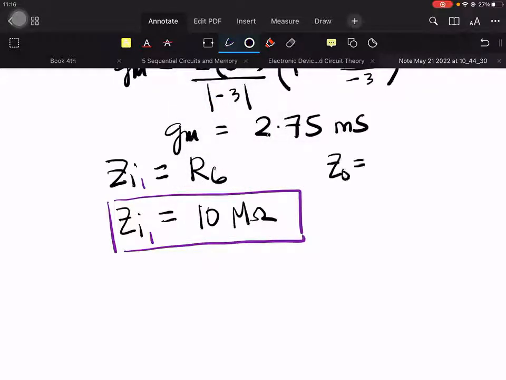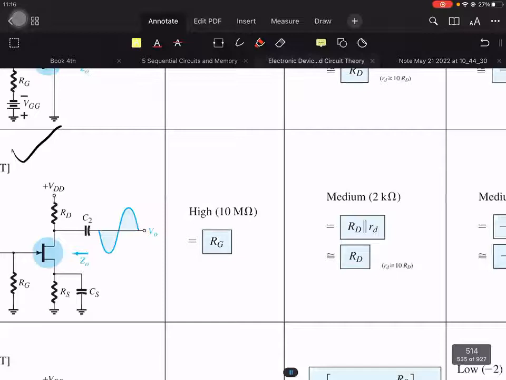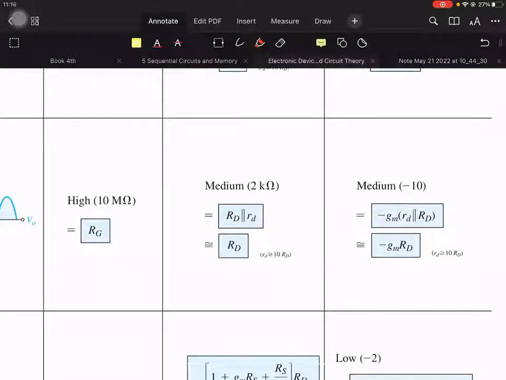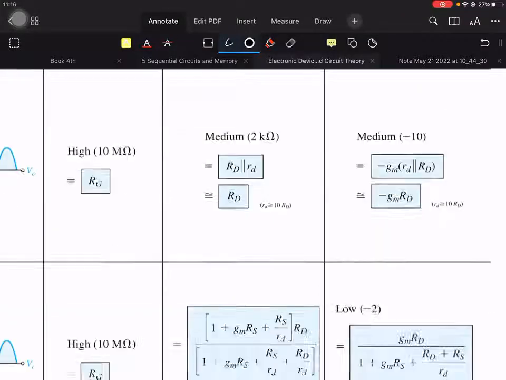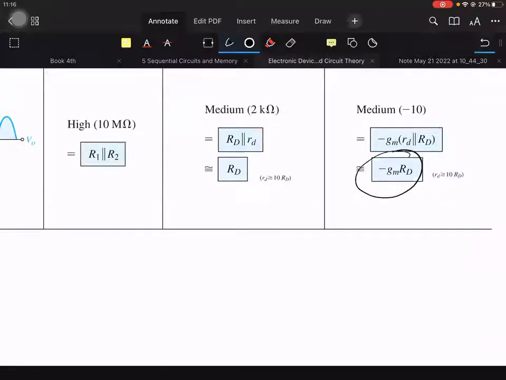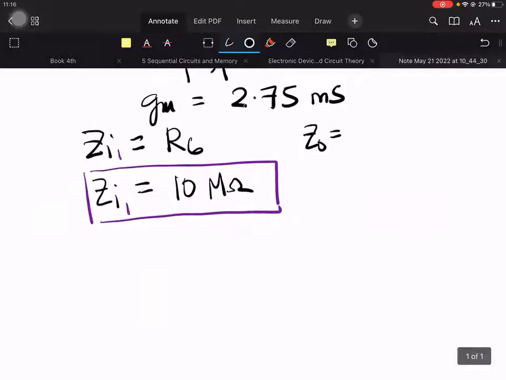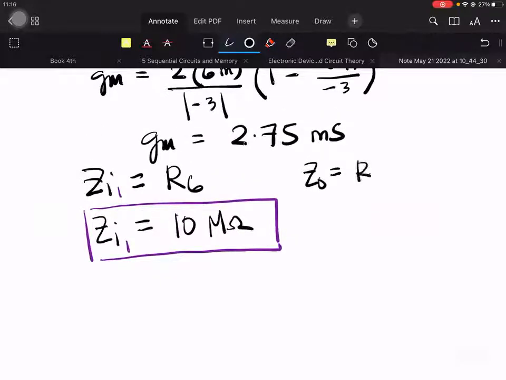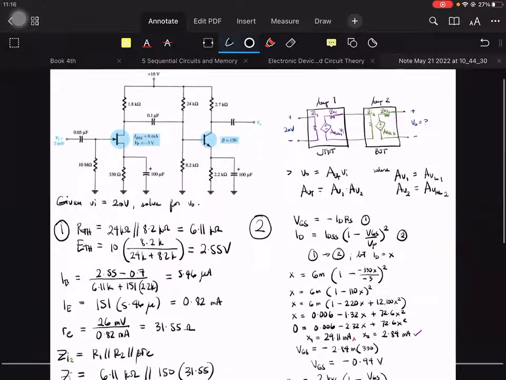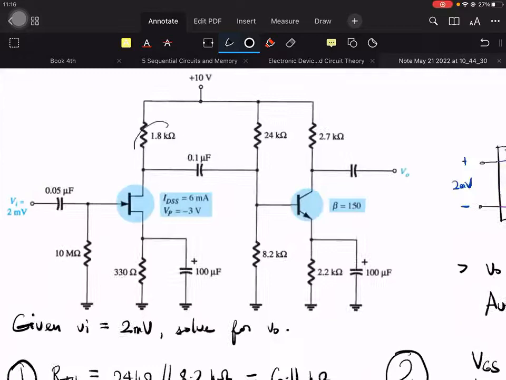Output impedance of the JFET amplifier is RD, and AV is GMRD, the same as the voltage divider. So ZO is equal to RD, 1.8 kilo ohms.